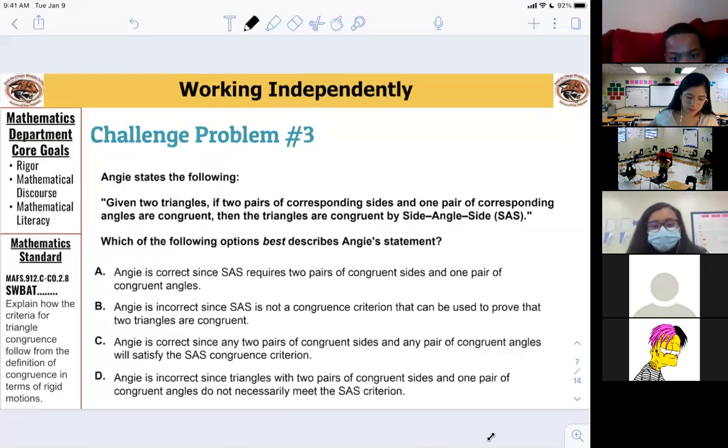All right, number 3. Can I get a volunteer to read the problem? Okay, go ahead, Tyrone. Angie states the following. Given 2 triangles, if 2 pairs of corresponding sides and 1 pair of corresponding angles are congruent, then the triangles are congruent by side angle side, SAS. Which of the following options best describes Angie's statement?